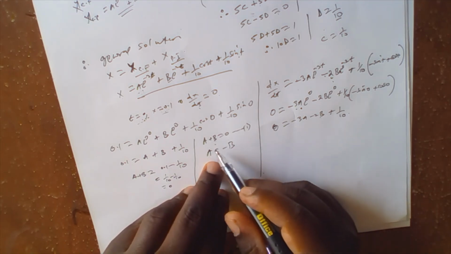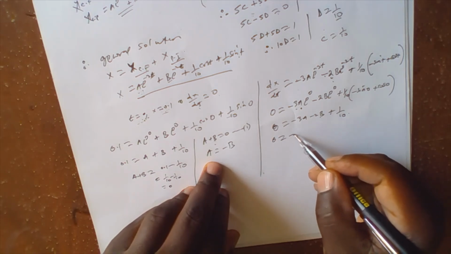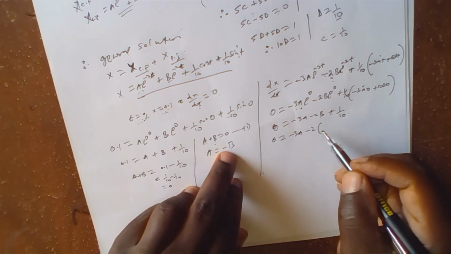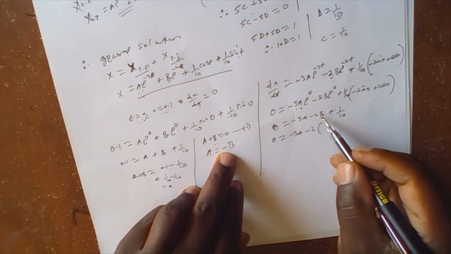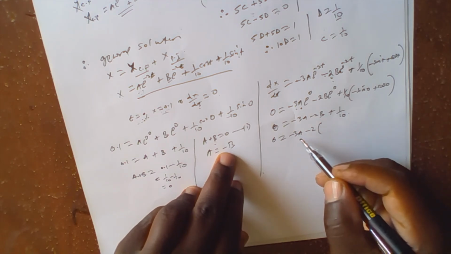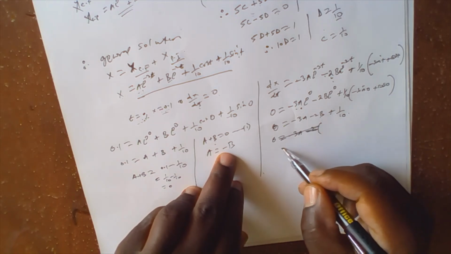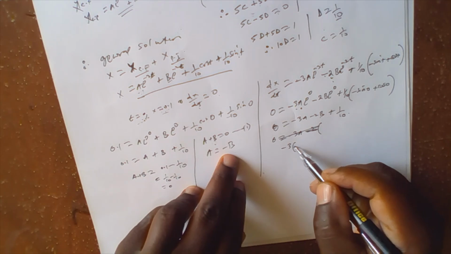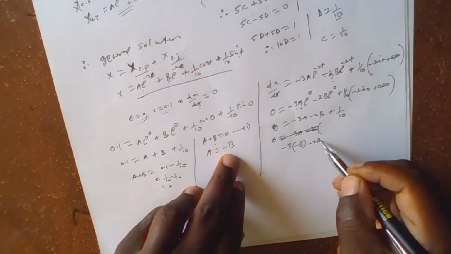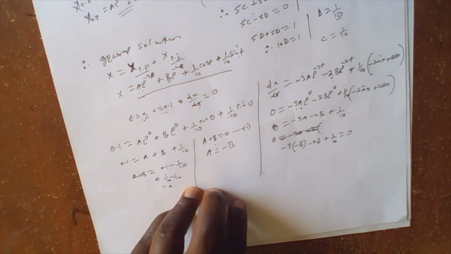So we shall come here and say that 0 equals minus 3a, then minus 2b, and we replace a with minus b, so we have minus 3 into minus b, then minus 2b plus 1 all over 10 equals 0.